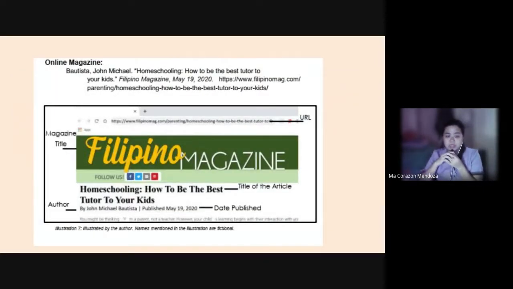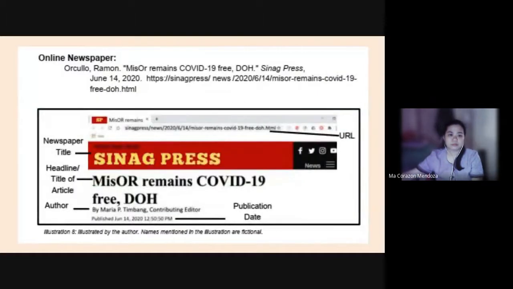This is a perfect example of how you will write an online magazine bibliography. This is for online newspaper. Remember the URL right here. Do not put a period towards the end. You're just gonna copy paste that and that's it.